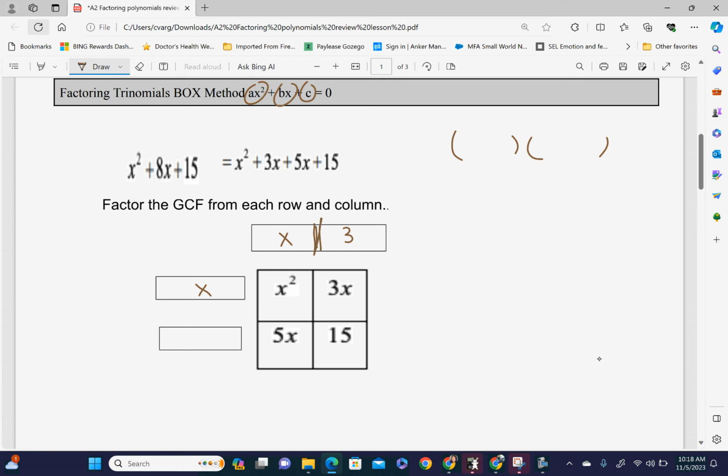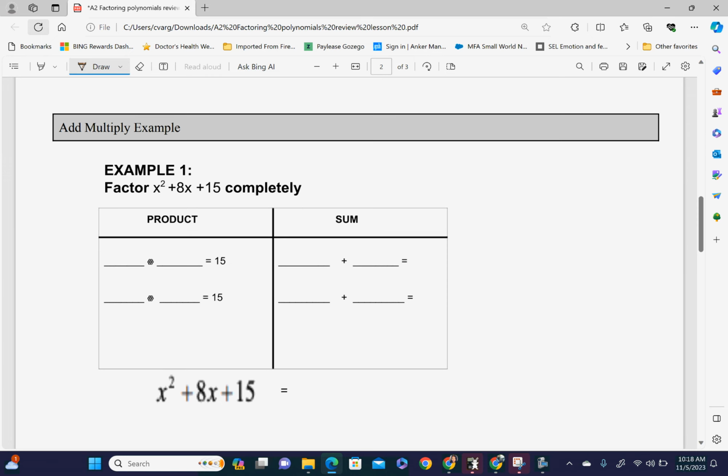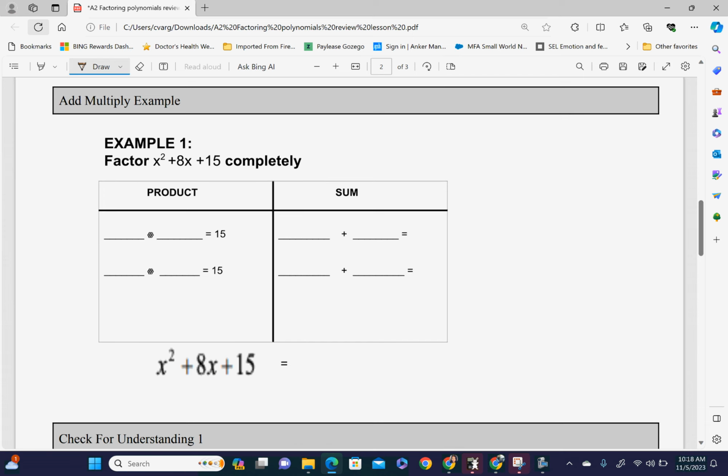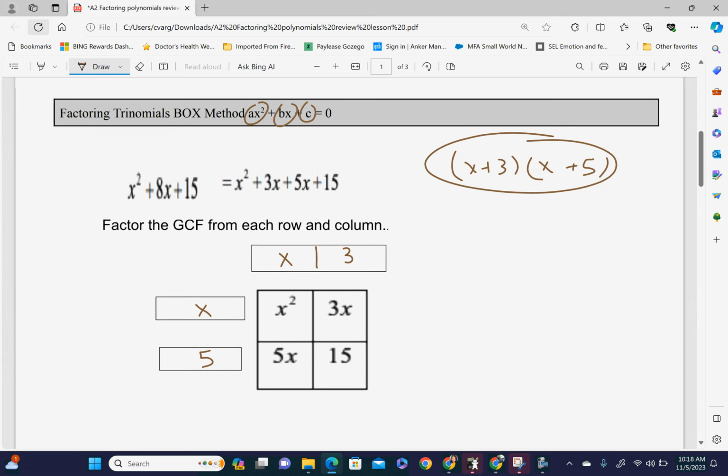This is just a line dividing. Over here, x times something gives you 5x, so that number is 5, and let's check it. 5 times 3 gives me 15. So my two double bubbles are going to be x plus 3 and x plus 5. And those are my factors. Done.